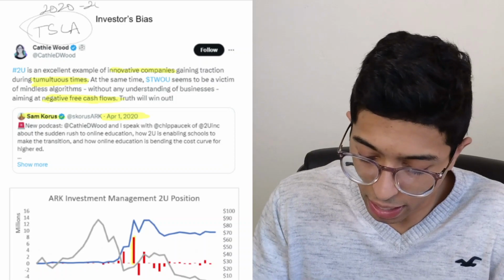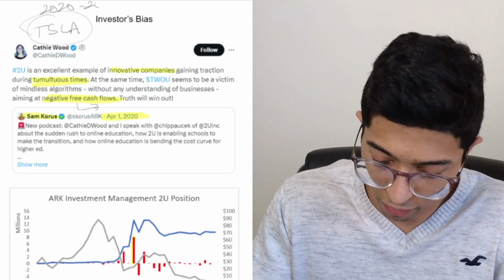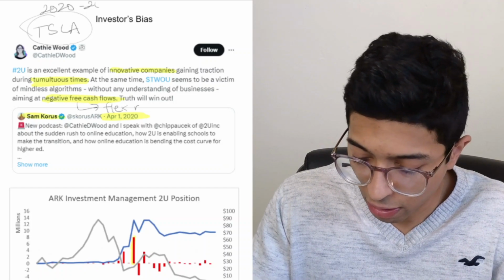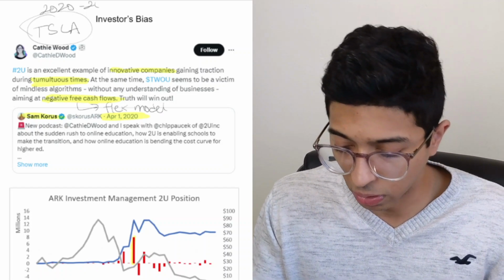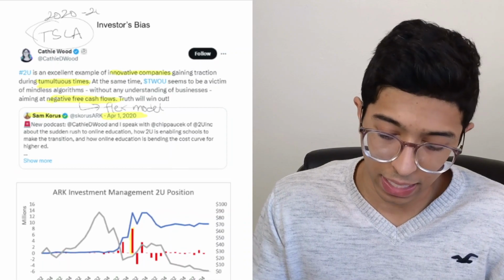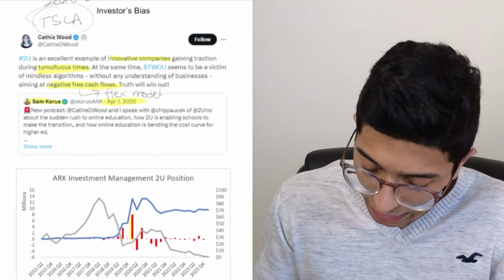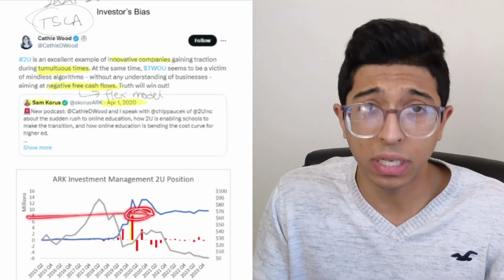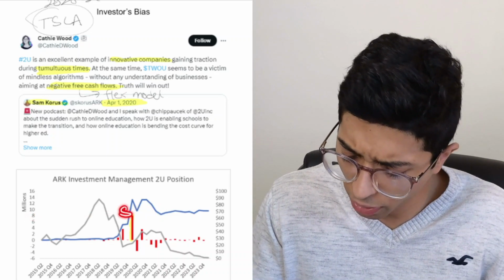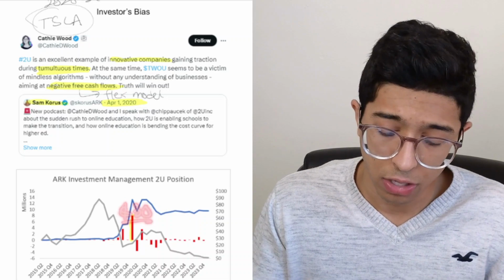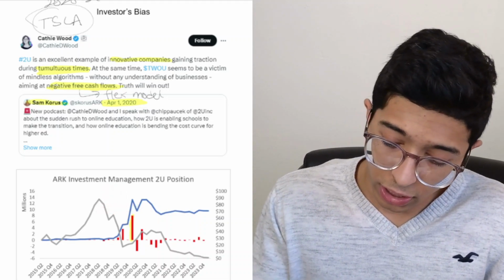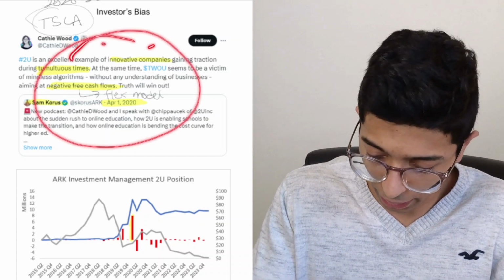Although management is trying to change this through a new business or pricing model, which we'll talk about later, which is the flex model, which maybe looks a little better. But this is Cathie Woods coming in and buying 8 million shares, a substantial amount, at a pretty high share price, I believe around $30 or $40. So massive destruction down to $1 per share today. And she's coming out and saying, this is a great company.